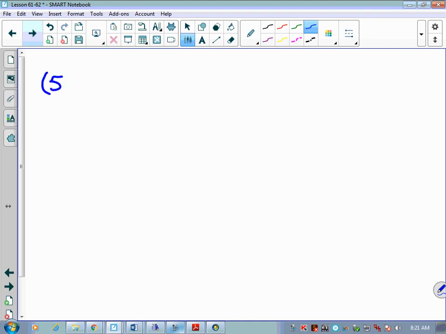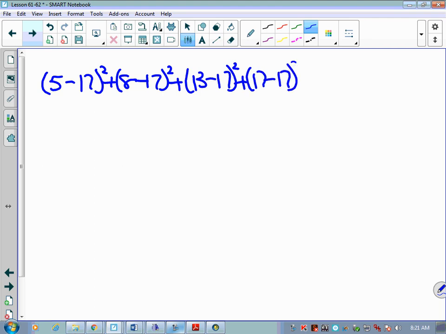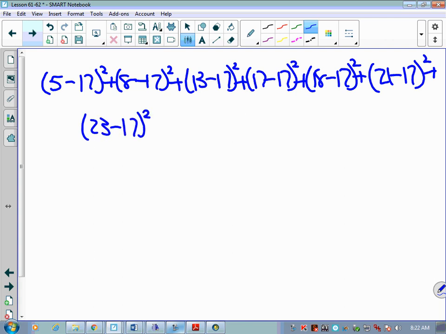Our first number is 5, so we do 5 minus 17 squared, plus our next number, 8 minus 17 squared, plus 13 minus 17 squared, plus 17 minus 17 squared, which is just what 17 is in our data, plus 18 minus 17 squared, plus 21 minus 17 squared, and it would go on, plus 23 minus 17 squared, plus 24 minus 17 squared, plus 24 minus 17 squared.